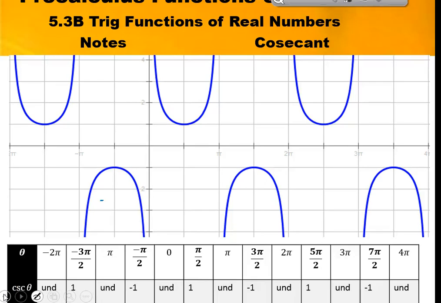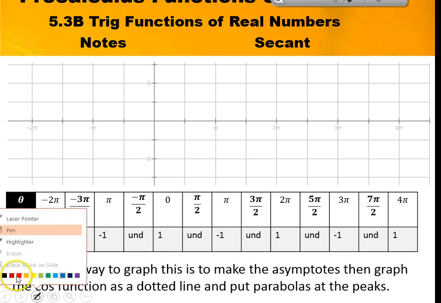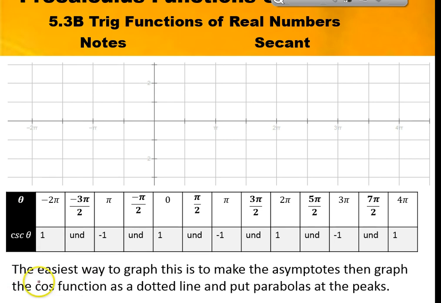Okay? So now we're going to go on to, you guessed it, secant. Again, the easiest way to graph secant is to graph the cosine and graph the asymptotes, and then put the parabolas at the peaks. This is going to look just like cosecant, except instead of the bumps being at the over 2's, the bumps are going to be at the pi's.